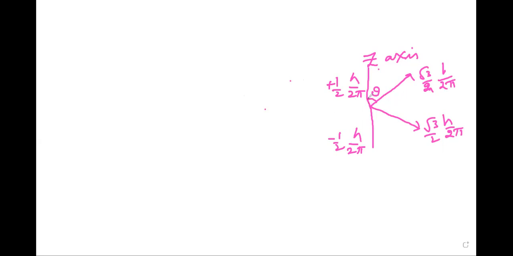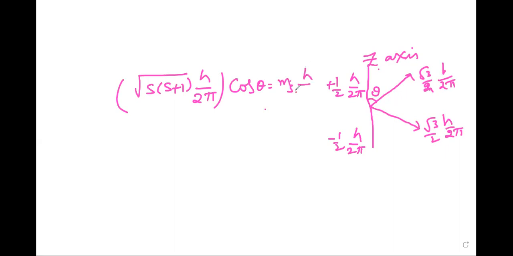Then the relation in terms of the z axis is root s into s plus 1 into h by 2 pi into cos theta, which is equal to ms into h by 2 pi. So this can simply be written as root s into s plus 1 cos theta is equal to ms.